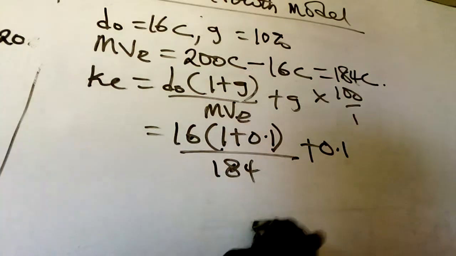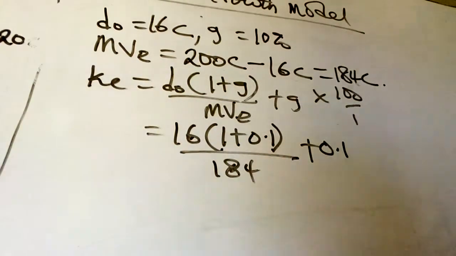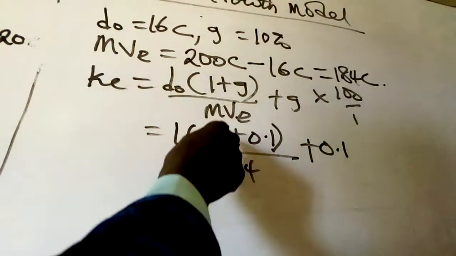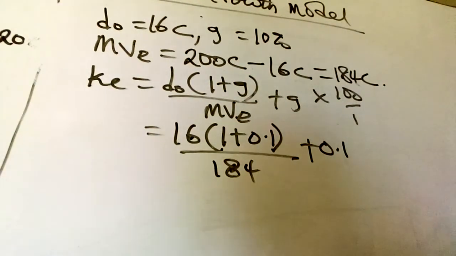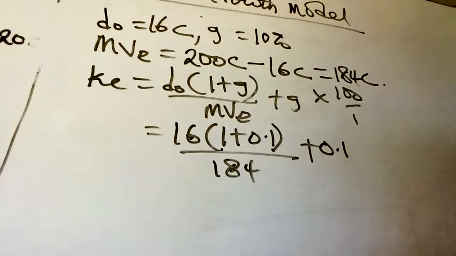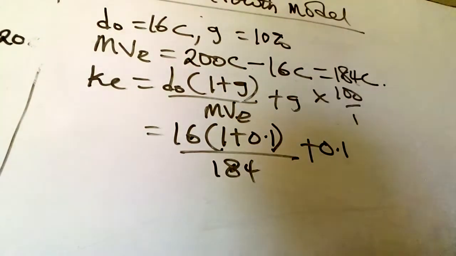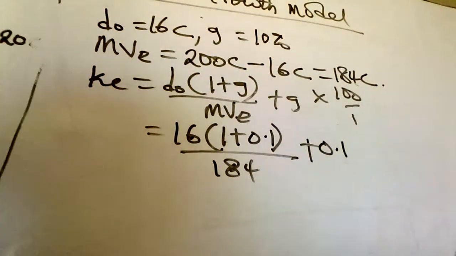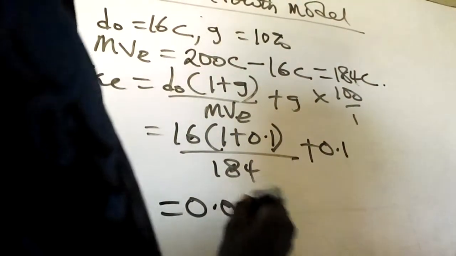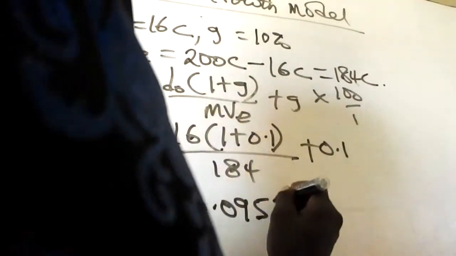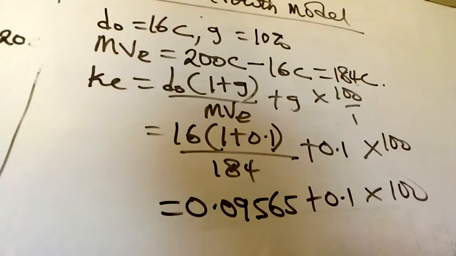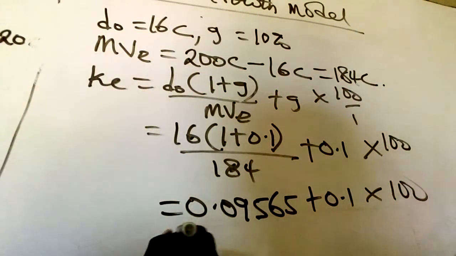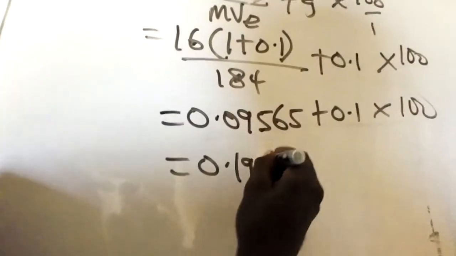So we have 16 times 1.1, which is 17.6, divided by 184, which is 0.09565, plus 0.1, which gives 0.19565.